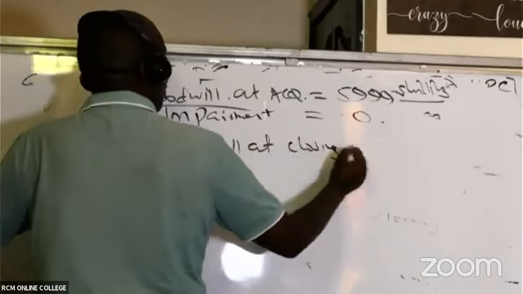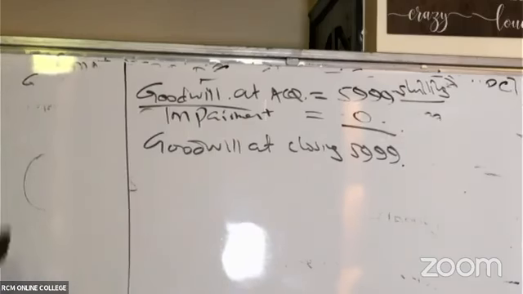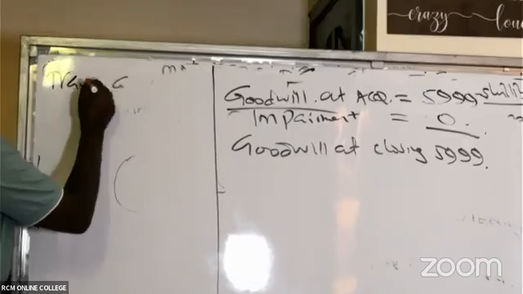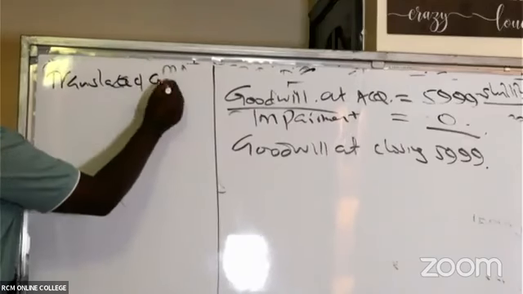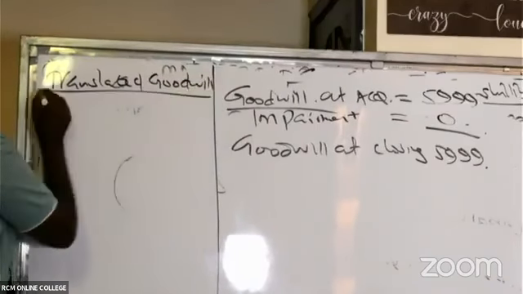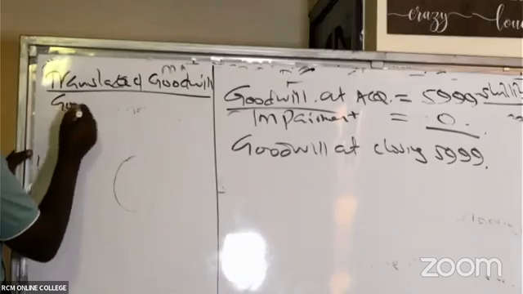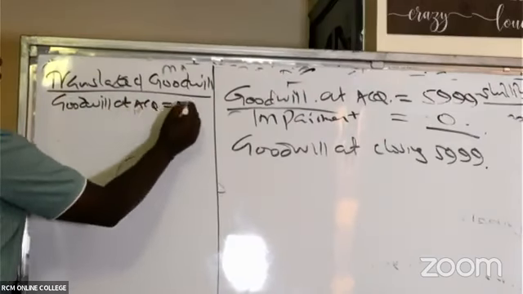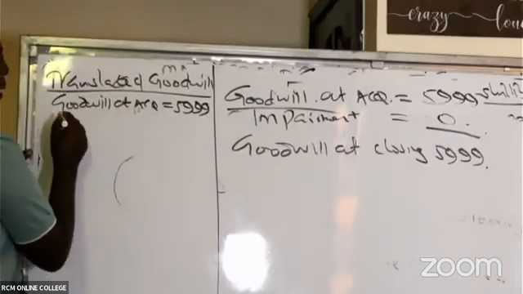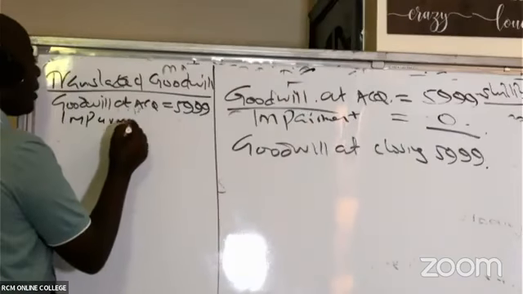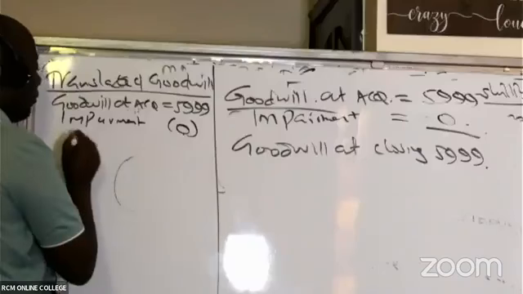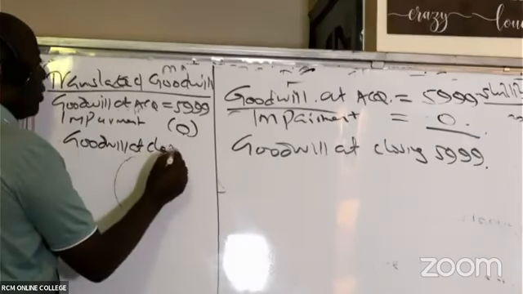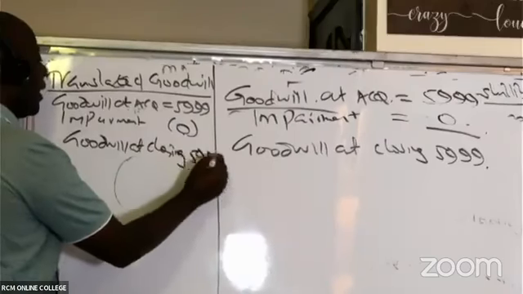So we come here and take goodwill at acquisition, 59,999. Then we have impairment loss, 0. And then we have goodwill at closing, 59,999, like that.